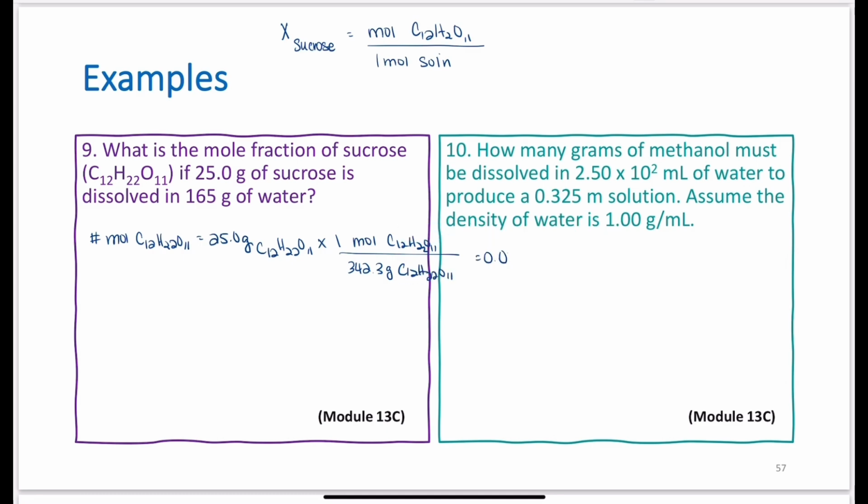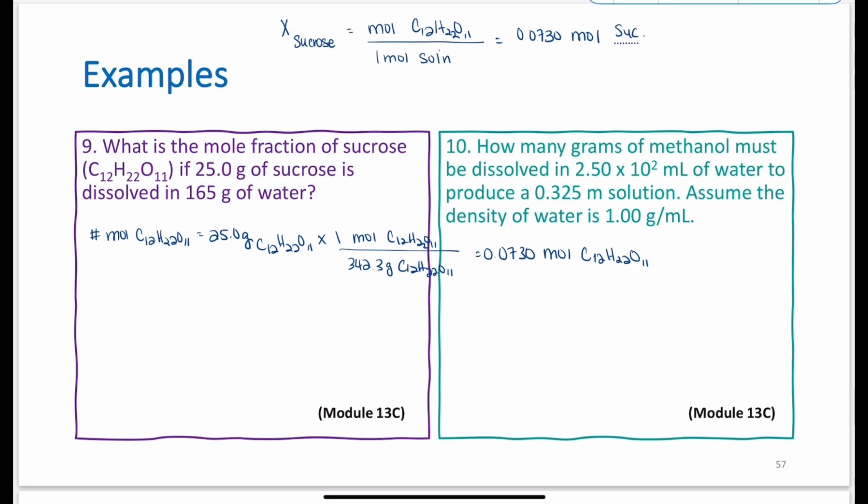That gives me 0.0730. Need 3 sig figs, so that's why I got to carry that extra 0 moles of sucrose. So 0.0730 moles. I'm going to stop writing that formula for sucrose right now because that's a lot. I'm going to write SUC for sucrose. That was faster.